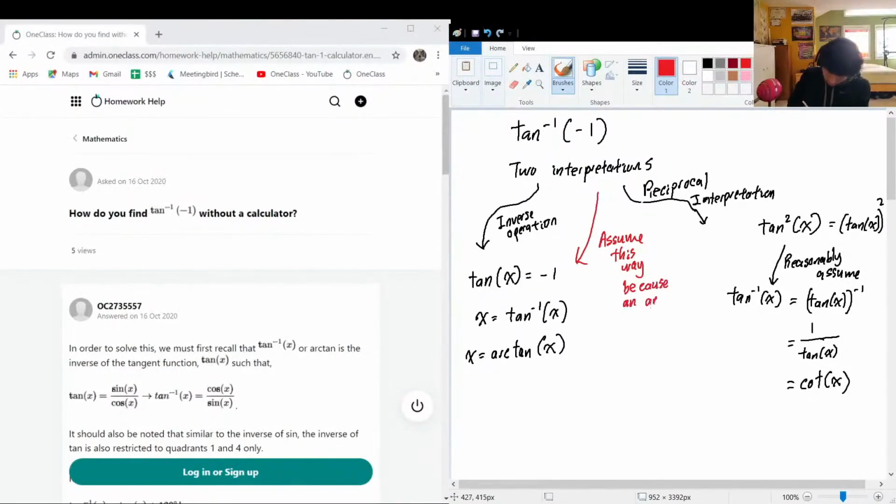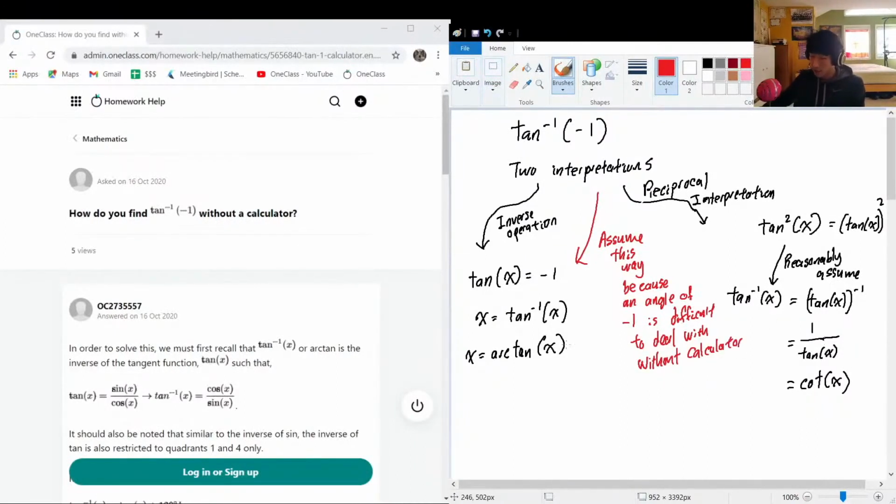Assume this way, because an angle of negative 1 is difficult to deal with without a calculator.